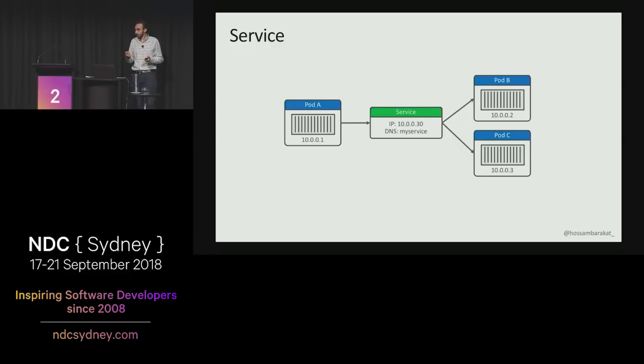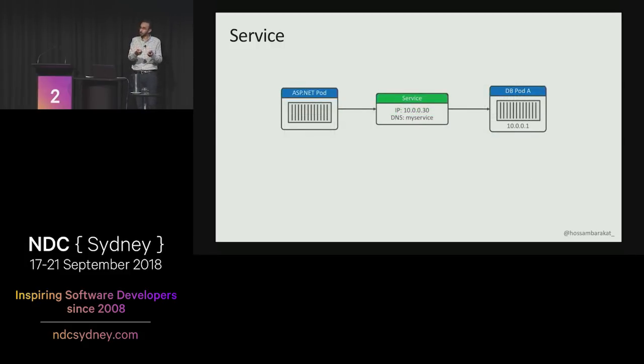So in our scenario, we could have a service that is pointing to the database pod using a label selector. And our ASP.NET pod could use the service DNS name to consume that database pod, which means if something went wrong with our database pod for any reason, the ASP.NET pod doesn't have to keep track of the IPs of the database pod.